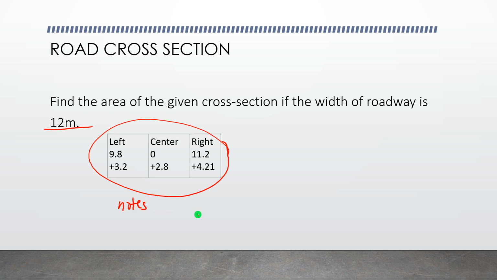So as you can see here, we have values on the upper row without a sign. On the lower values here, we have positive signs.